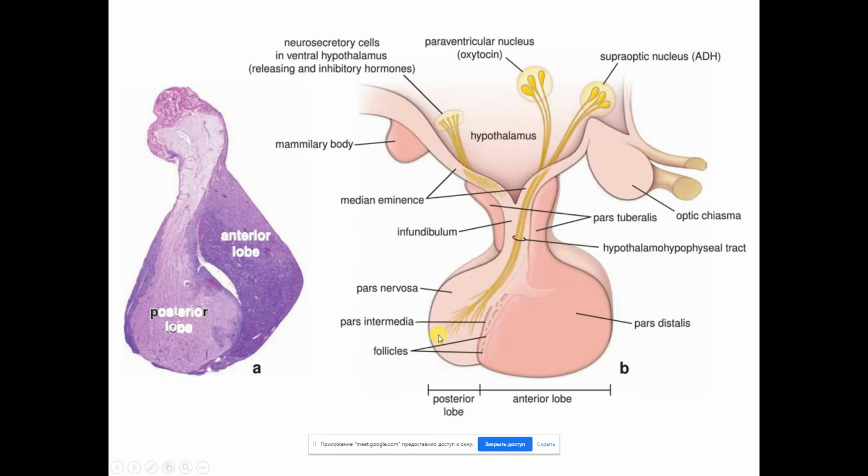Neurohypophysis contains not only pars nervosa, but also the infundibulum. What's the function of this infundibulum? You know that above the hypophysis we have the hypothalamus. A few words about the hypothalamus: it's like the director of the function of the pituitary gland.